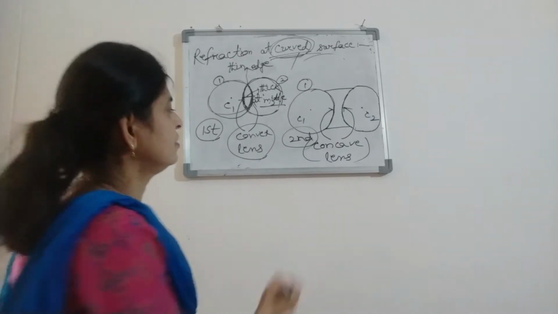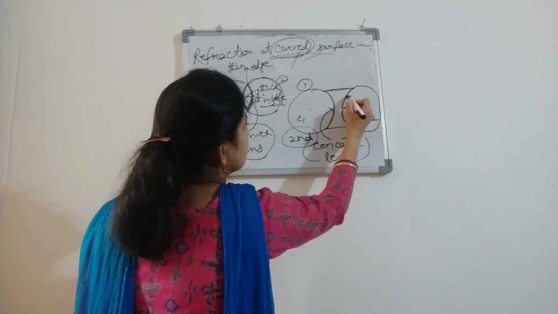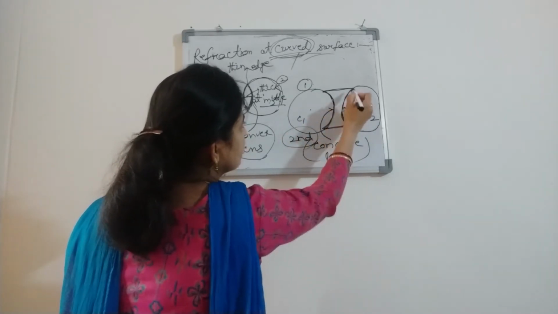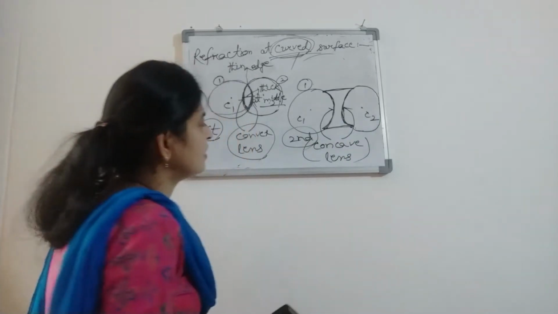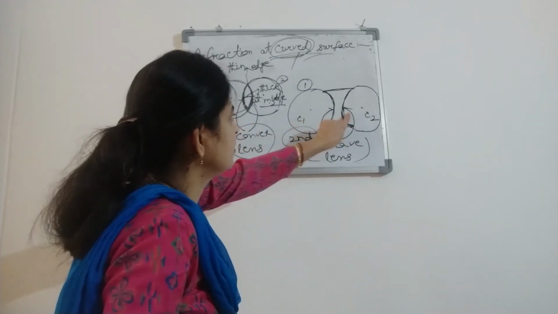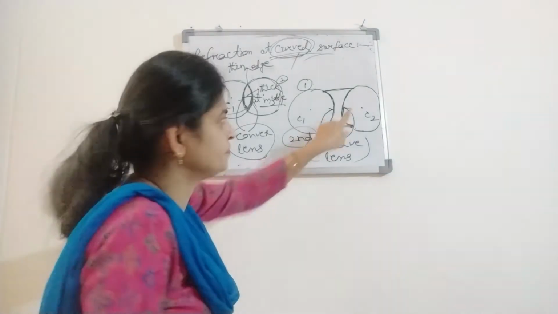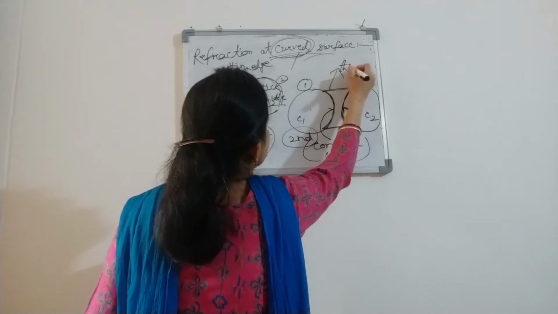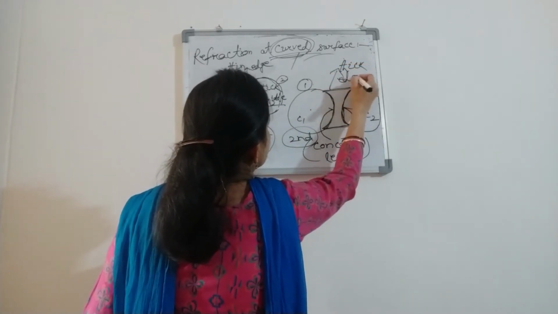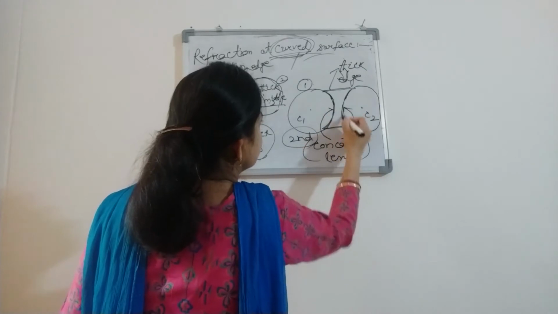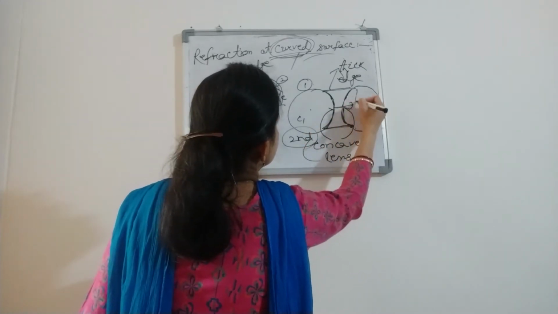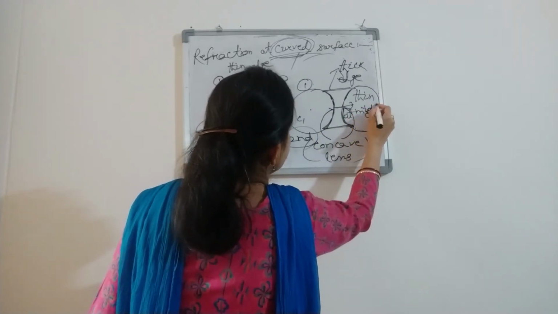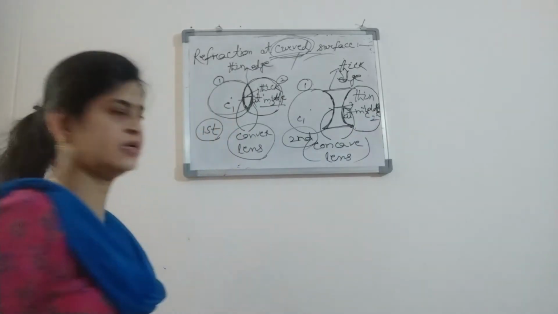And in the case of your concave lens, both sides are concave. That means it has two refracting surfaces which are concave in nature, and the edge part is thick and the middle part is thin.